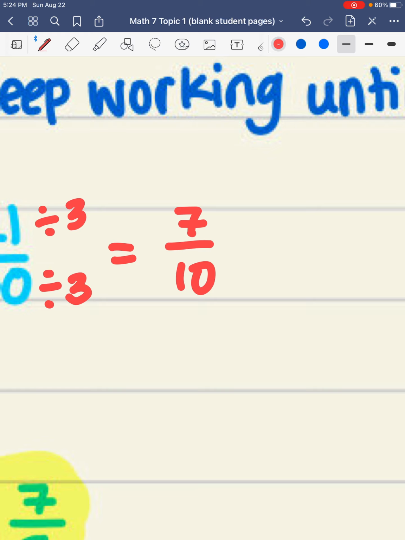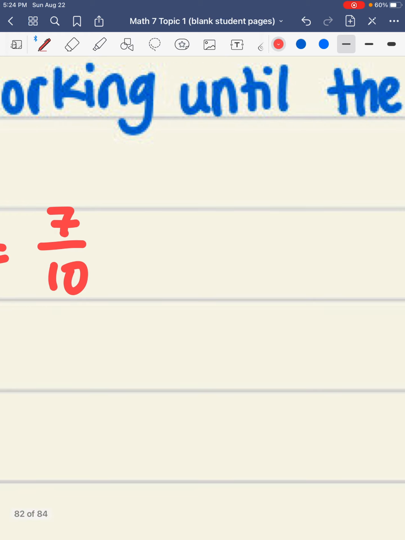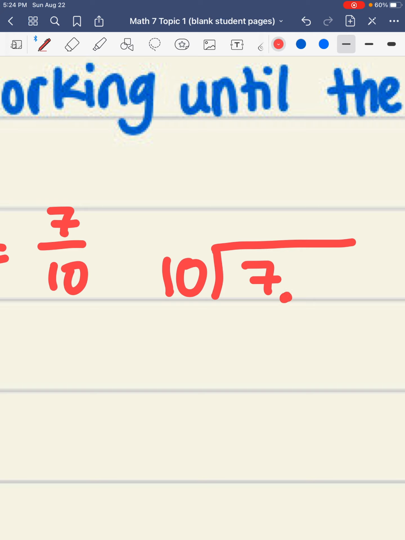So remember which number goes inside your division bracket. That's right. The number on top goes inside the division bracket and the number on the bottom goes outside. So can 10 go into 7? Nope, it can't. So I'm going to add a decimal and a 0. Don't forget to put the decimal in the quotient line. Now, can 10 go into 70?